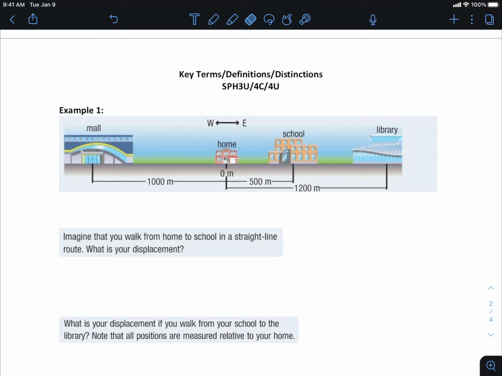Okay. So I wrote above 2, I'll write it again. We can calculate displacement by going delta D, right?